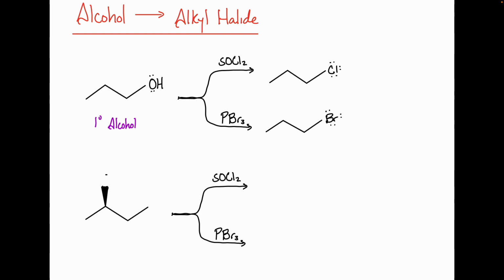And these reactions are stereospecific. So we got to look at what exactly that's going to do if we know we have a particular stereochemistry. We don't have to worry about that with primary alcohols. But with secondary alcohols, what we're going to see is what's called a stereochemical inversion.